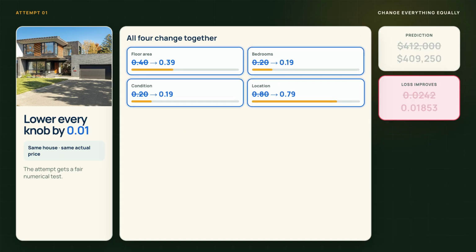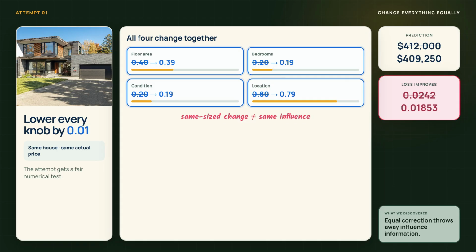The most obvious idea is to lower every knob by the same amount. Let us lower each one by exactly 0.01. The 4 weights become 0.39, 0.19, 0.19, and 0.79.